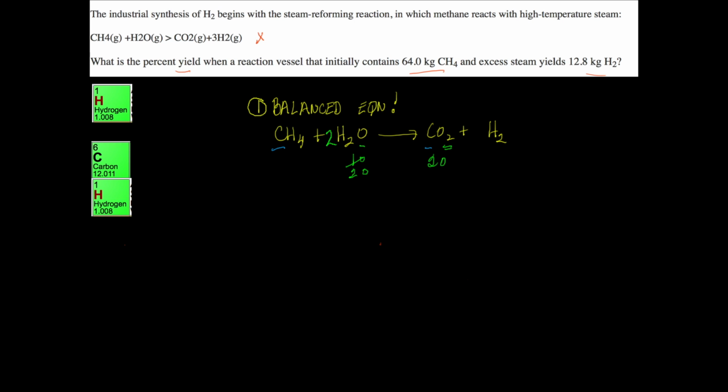Now let's turn our attention to the hydrogen. This chemical formula right here has 4 hydrogens. Okay, H2O, we have a 2 in front of it. So 2 times 2 is 4, so we have 4 H's here as well. So on the left-hand side, we have a total of 8 hydrogens.